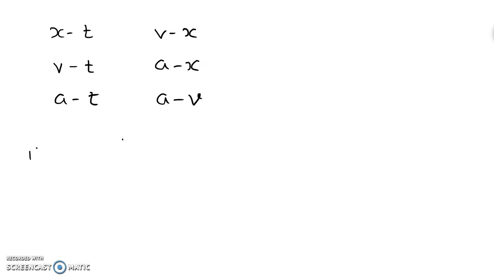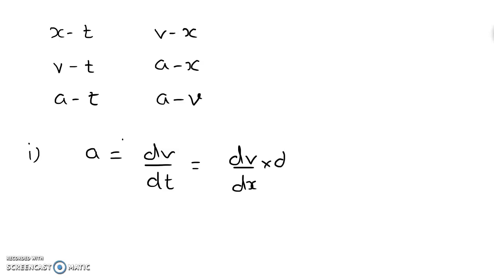Now I want to give you some important functions, like acceleration. We know a is dv by dt. This is very useful; we use it a lot. If I multiply and divide dv by dt by dx, the same thing, we know dx by dt is velocity itself.